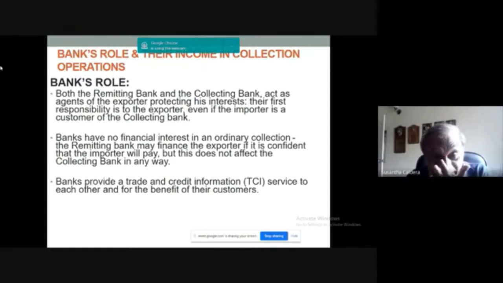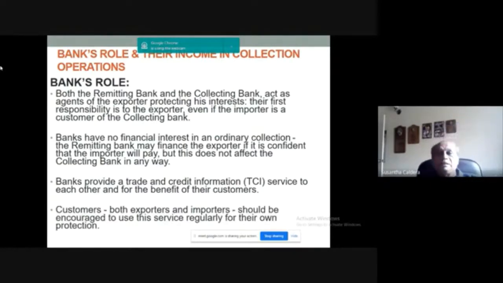Banks provide a trade and credit information service to each other and for the benefit of their customers. So the banks have a TCI report system, trade and credit information. That is very, very important. A lot of banks are not doing this. But we have to charge the customer and then obtain trade and credit information of the counterparty.